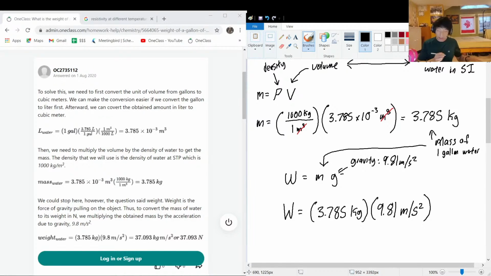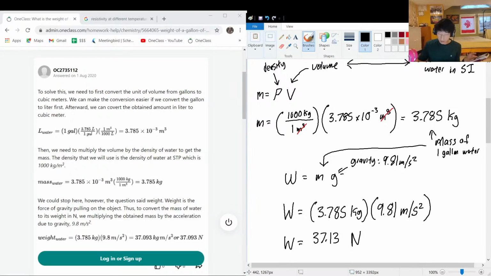And let's ask our good friend the calculator, what is that answer? Okay, so 3.785 times 9.81, all of that is, our weight force is 37.13 newtons.